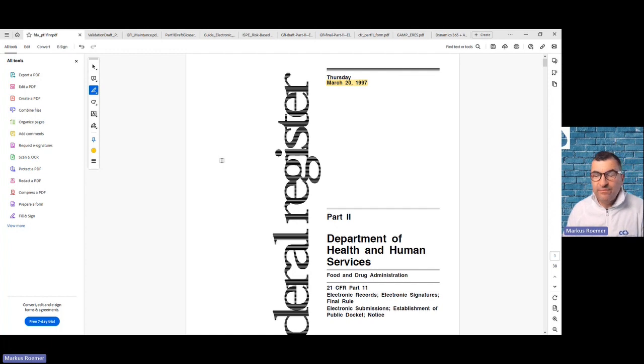And even if you look from 1997 to now, 2024, it is allowed and still practice to use hybrid systems. So you have an electronic record and you define your master record to be the paper printout. That's still appropriate, and that could work.